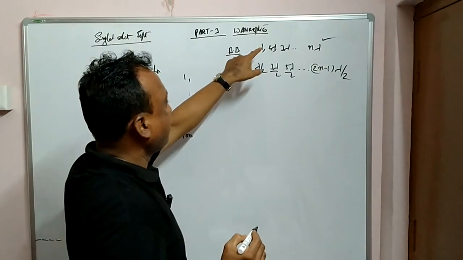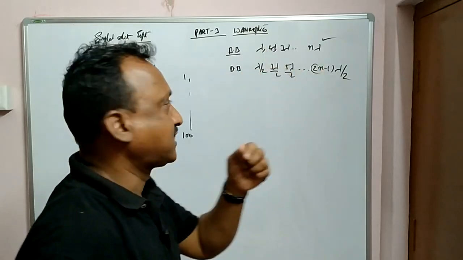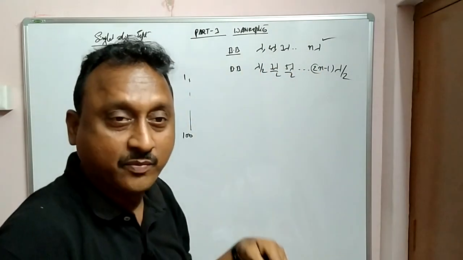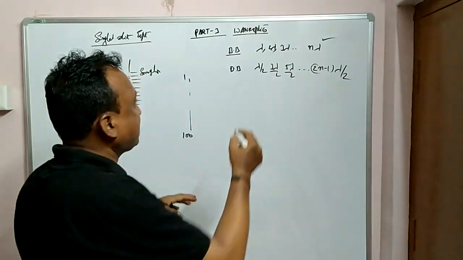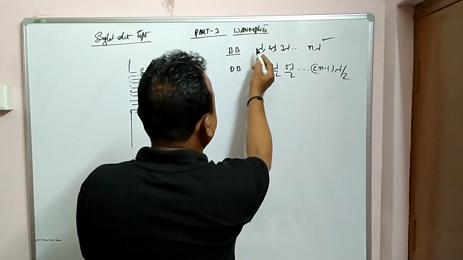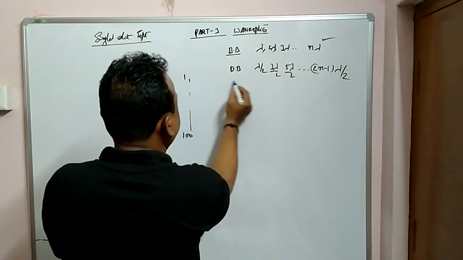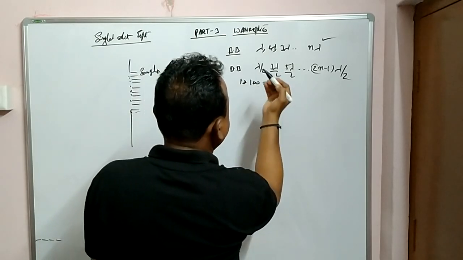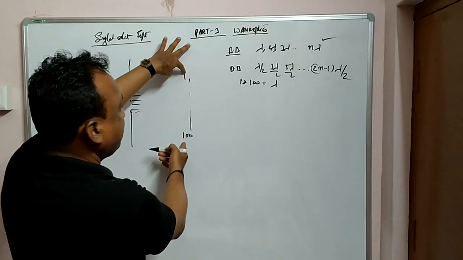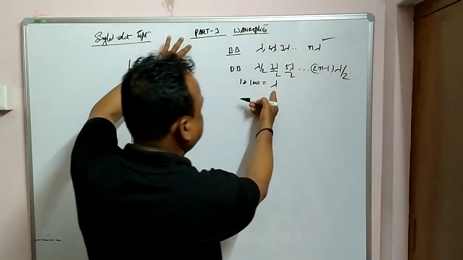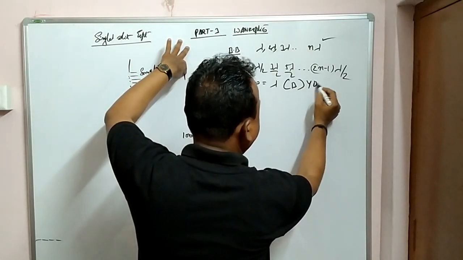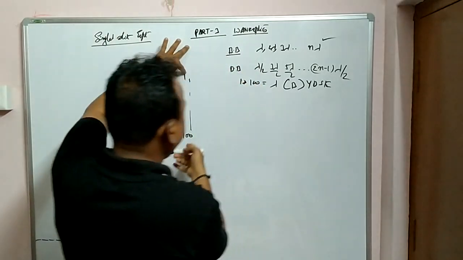Whatever bright band we got in the YDSE experiment, now it will become dark. Whatever dark band we got there, now it will become bright. For example, between sources 1 and 100, if the difference is lambda, and this is for bright in YDSE, it will become dark here.